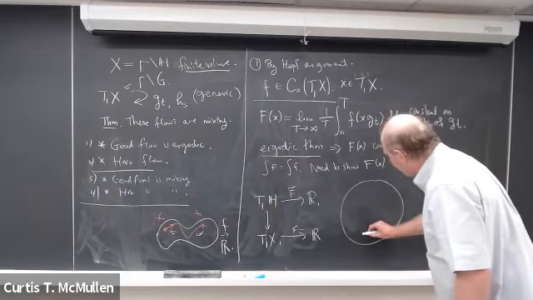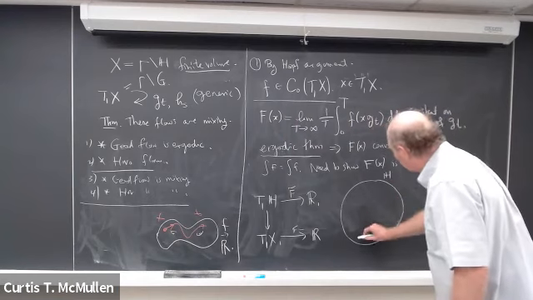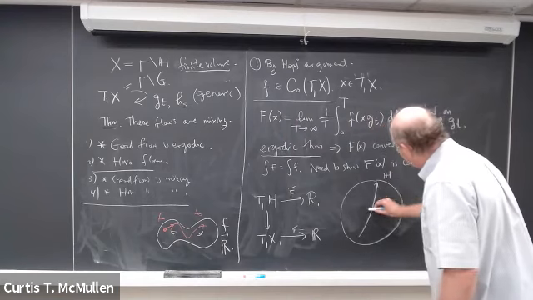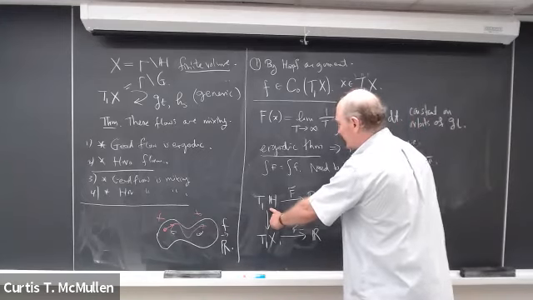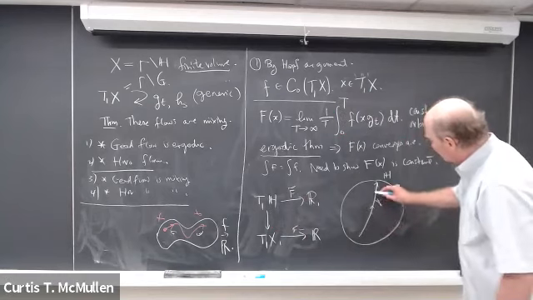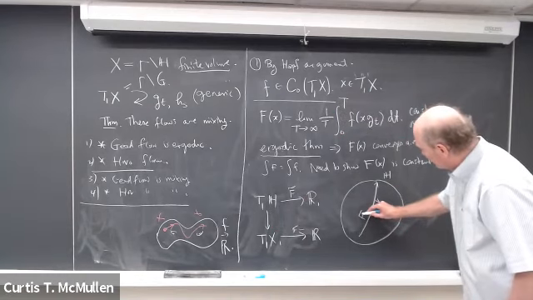So if we draw a geodesic in the universal cover, and we think of this as defining a subset of the unit tangent bundle to the hyperbolic plane, then F tilde is constant here.